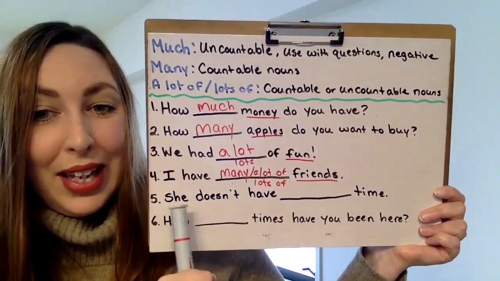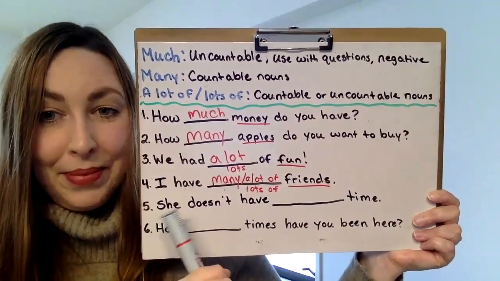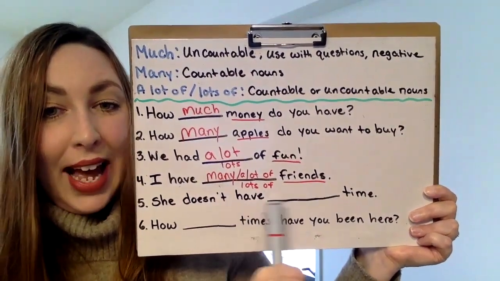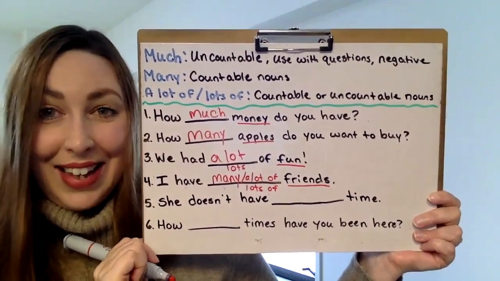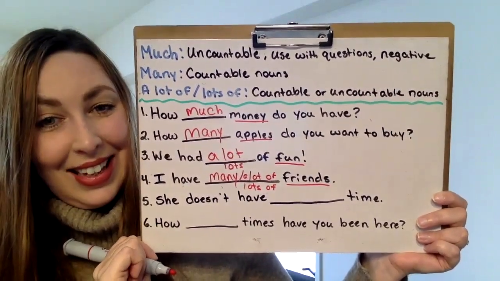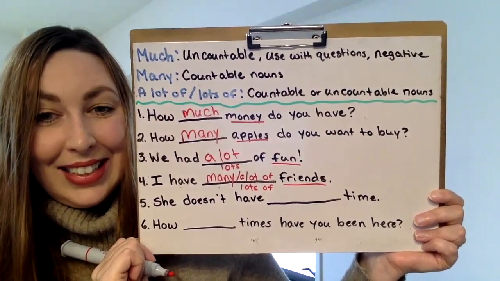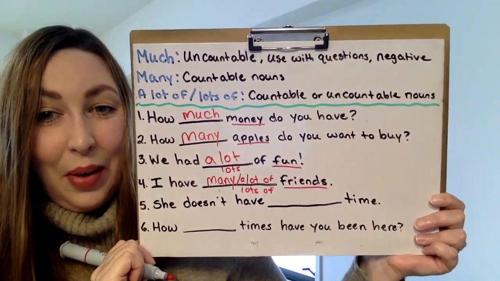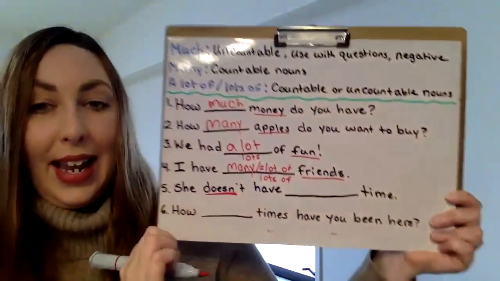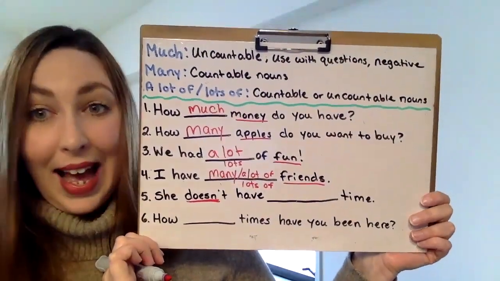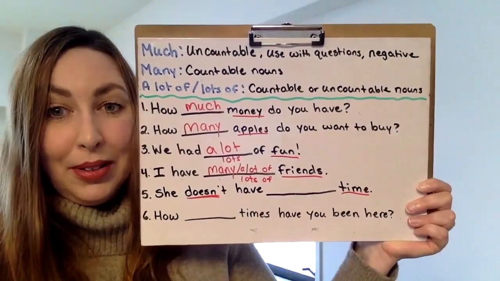Number 5, she doesn't have time. Write your answer in the comments. I hope you can get this right. Okay, so this question is in the negative, she doesn't have, and time is uncountable, right?